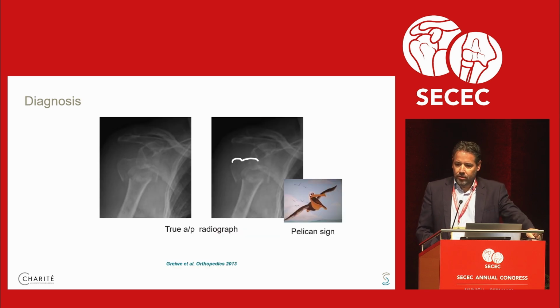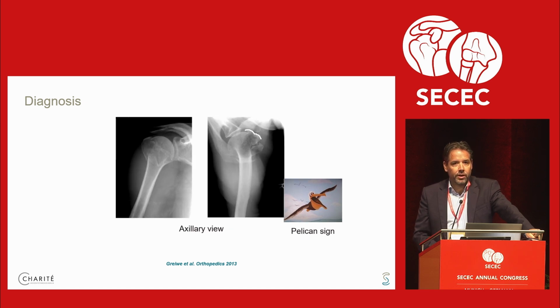So how do we detect this? You do a true AP radiograph. You see the so-called pelican sign, which is the extension of the humeral head from the greater tuberosity. That's for the type 1. And if you see it on the axillary view, you can also appreciate the extension of the articular surface.